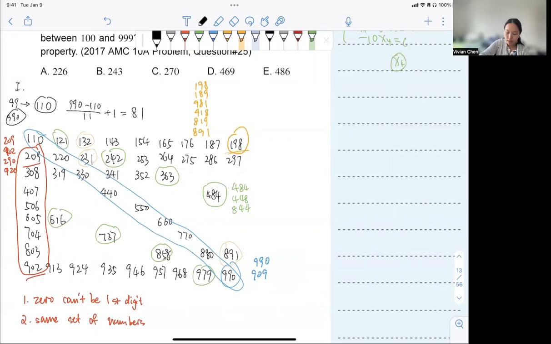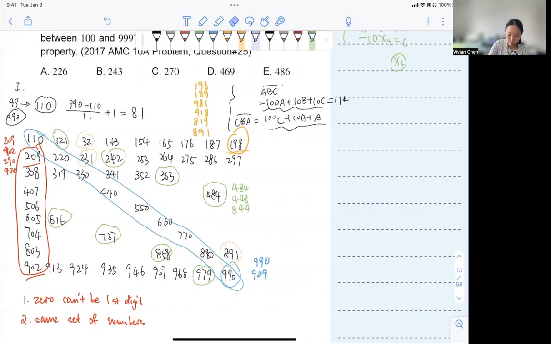If you want to prove it, you can say a number ABC equals 100A plus 10B plus C. If this is a multiple of 11, then you can prove that 100C plus 10B plus A is also a multiple of 11. You can do this by subtracting this with this. You will see that the subtraction would be a multiple of 11. So that this, which is CBA, would also be a multiple of 11.